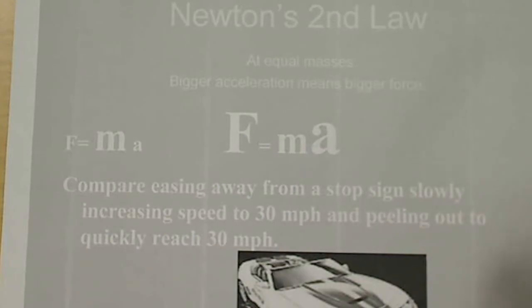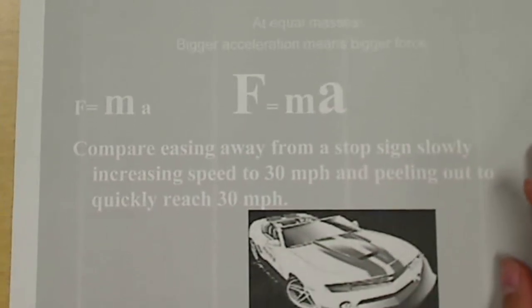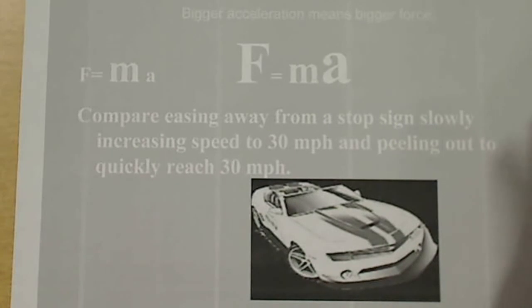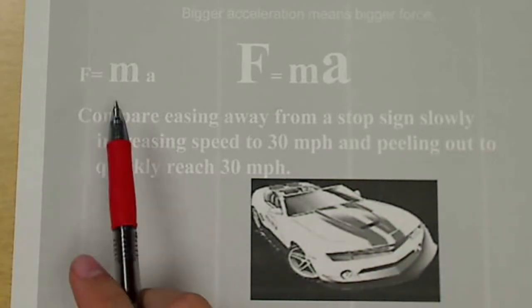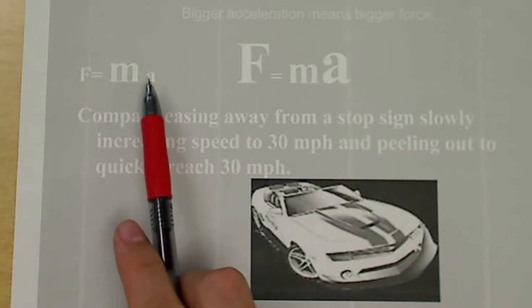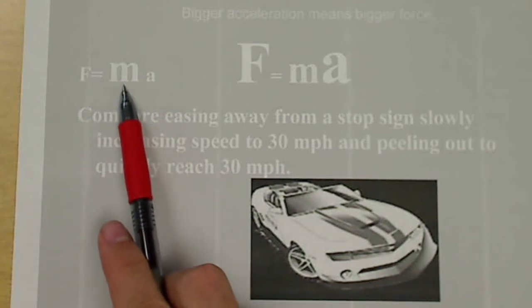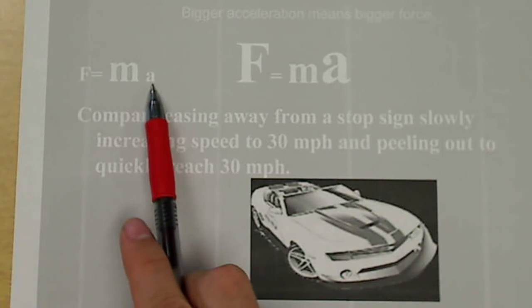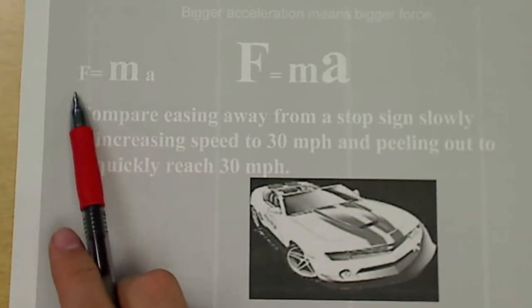In this example, we consider what happens if, instead of keeping the same acceleration, we had the same mass in two different examples. So this car is used at two different times. The first time, we're just easing away from a stop sign, slowly increasing our speed. So we have the mass of the car, and then a very slow acceleration. It's going to take us a while to reach the speed limit. Very small force.